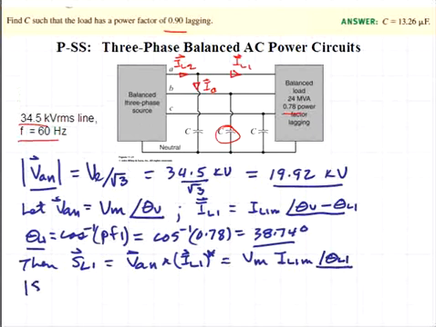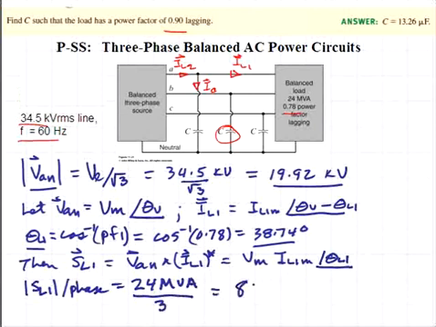Now the magnitude of this complex power per phase is equal to the 24 megavolt amperes given in the load statement divided by the three phases, and that's equal to 8 megavolt amperes per phase.